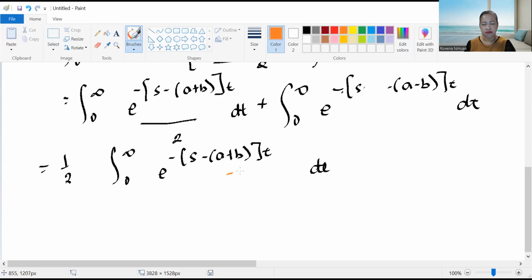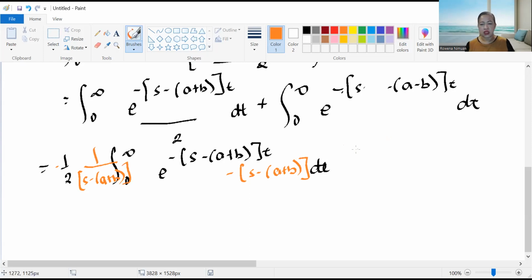To complete the integral function, I should introduce negative s minus a plus b. So we should also introduce here negative s minus a plus b.